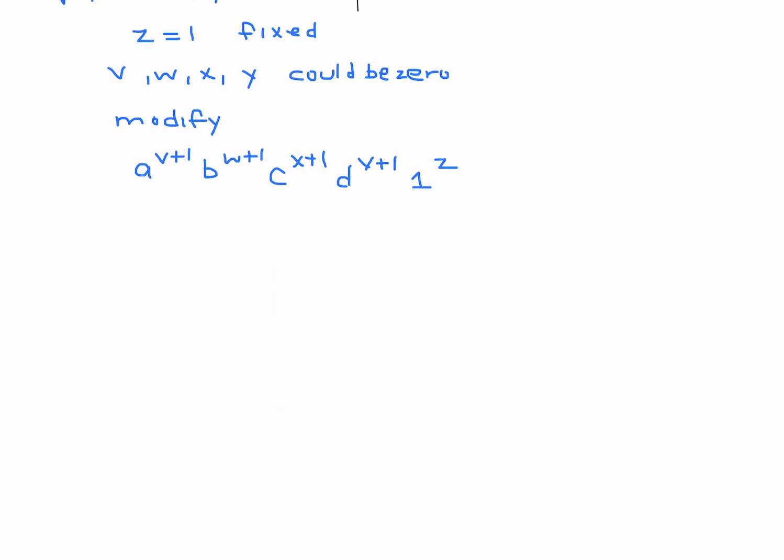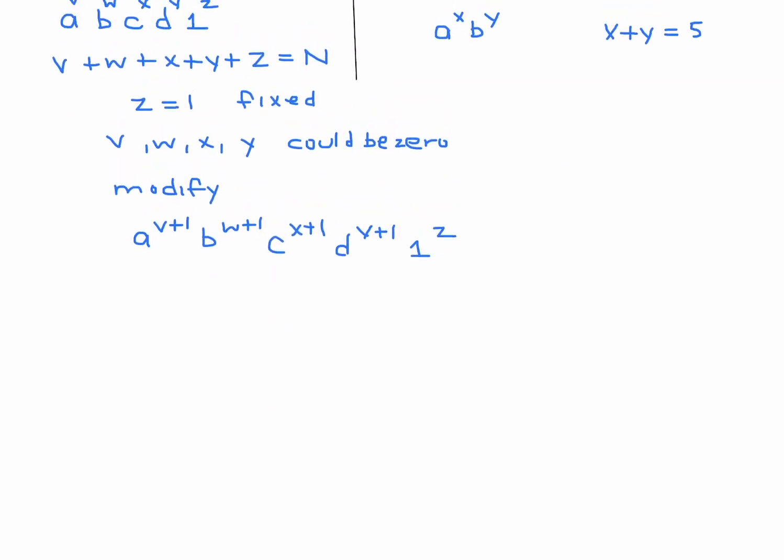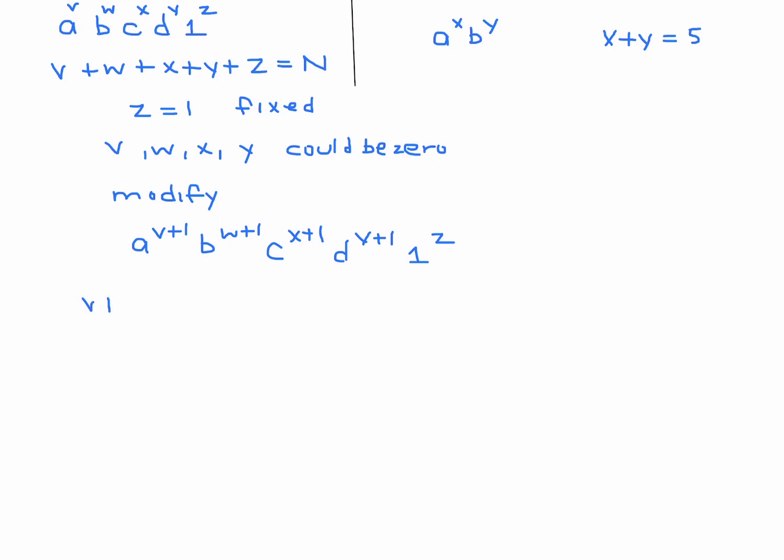All right, so now, based on our rule, just as before, this time v plus 1 plus w plus 1 plus x plus 1 plus y plus 1 plus z is equal to n. Okay, same as before. And now that means that v plus w plus x plus y plus z, if you put the numbers on the other side, becomes n minus 4.